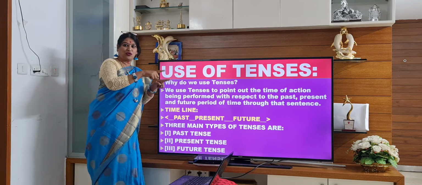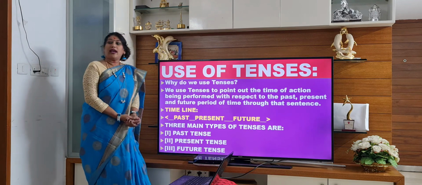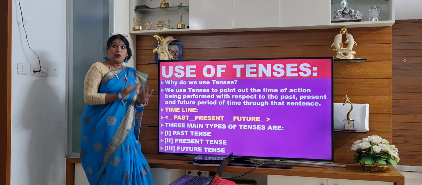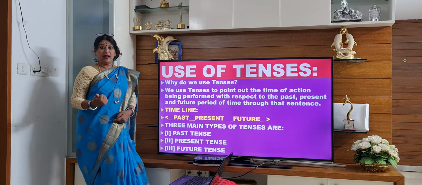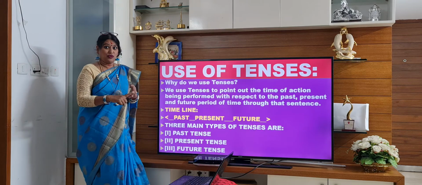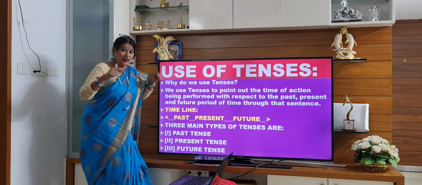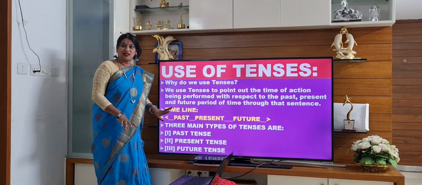Got it here? So the action that had taken place, that is taking place and that will take place, with respect to the timeline, that is past, present and future, in that particular sentence you're reading, that's what states tenses. That's why we use tenses here.